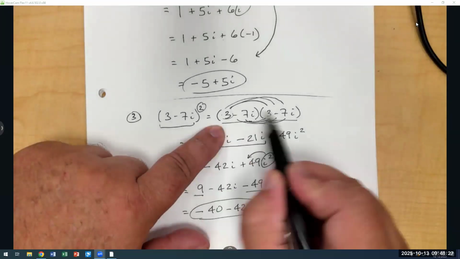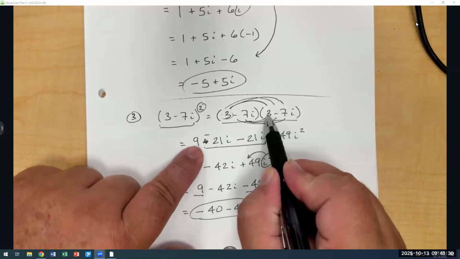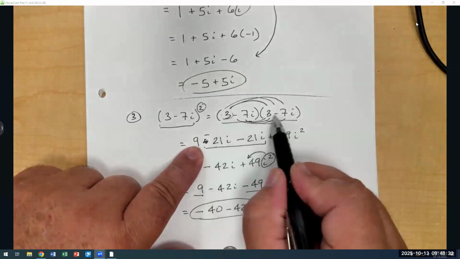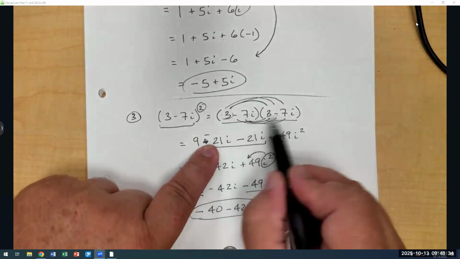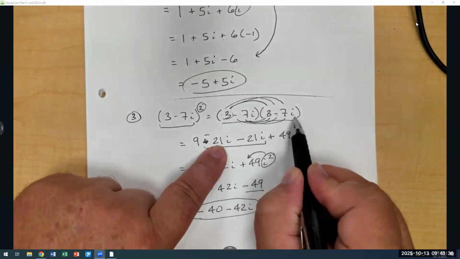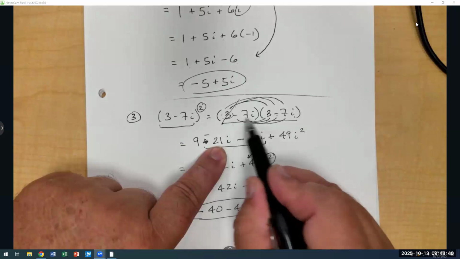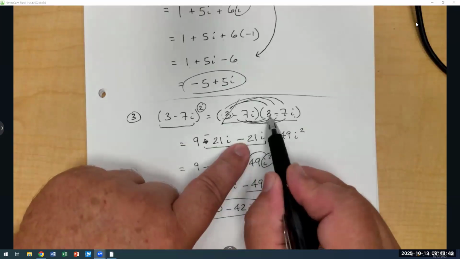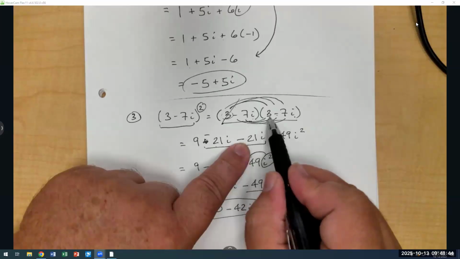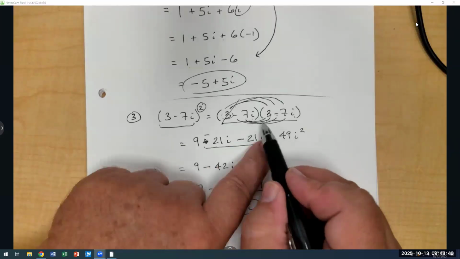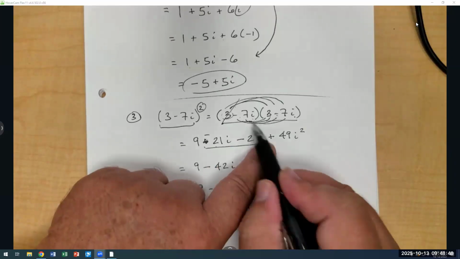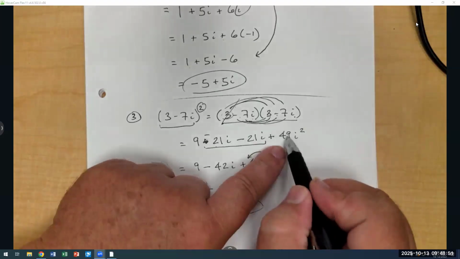So the 3 times 3 is 9. Positive times negative is negative. 3 times 7 is 21i. So that one's finished. Now this one. Negative times positive is negative. 7 times 3 is 21i. Negative times negative is 49. 7 times 7 is 49. i times i.